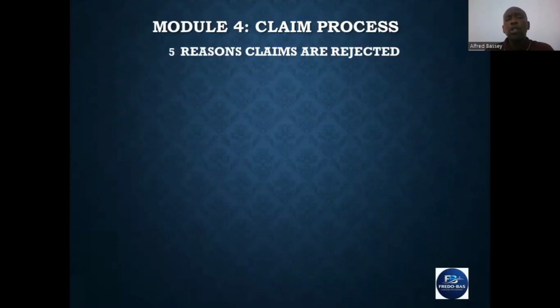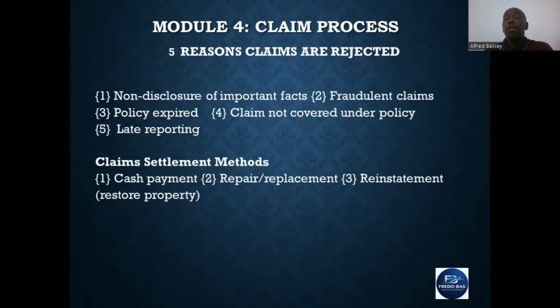So what are the reasons claims are rejected? Number one is non-disclosure of important facts. If vital facts are not declared, the claim will be rejected. Number two, fraudulent claims. If, for example, the loss adjuster assesses that the event never existed, it will be rejected. Number three, if your policy had expired.